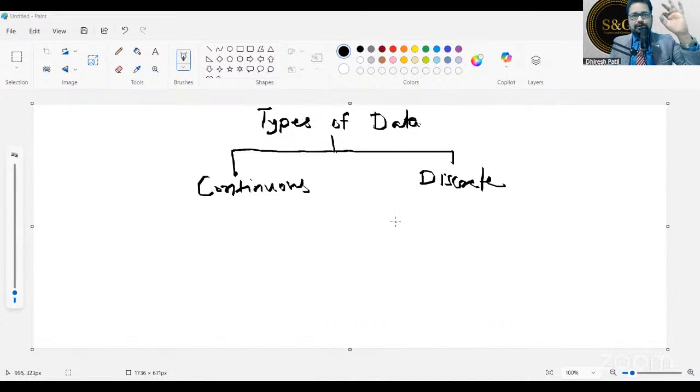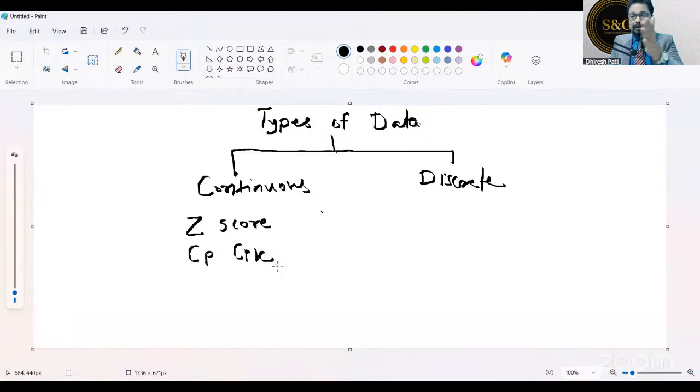Okay. I just want to touch upon the topic. That's why I'm just giving you a little background. Now, when there is continuous data, the process capability can be measured with Z score or the Z bench value and Cpk.